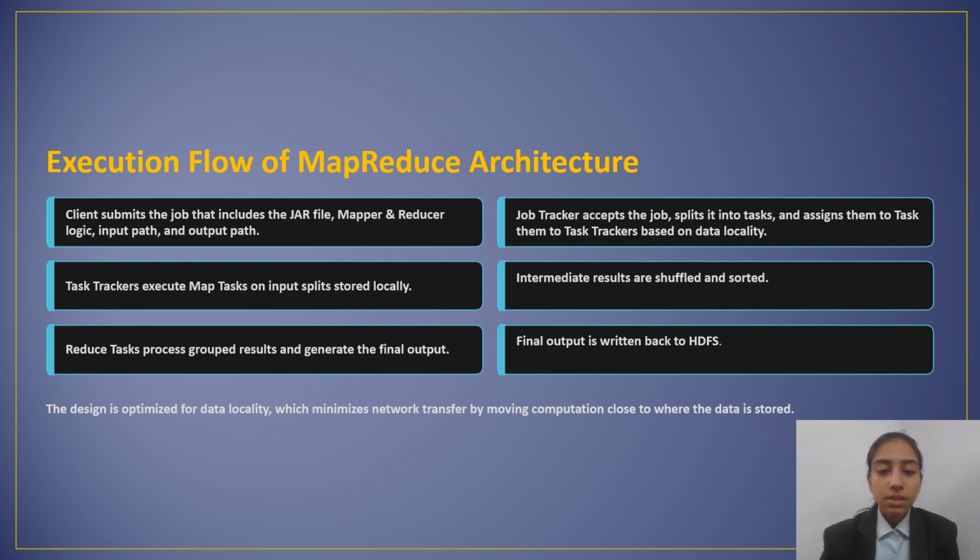The map tasks then produce data that is stored locally on their machine. After that, the shuffle and sort step organizes the results from the map phase. Finally, the reduce tasks combine the data and produce the final output, which is saved back into the HDFS.